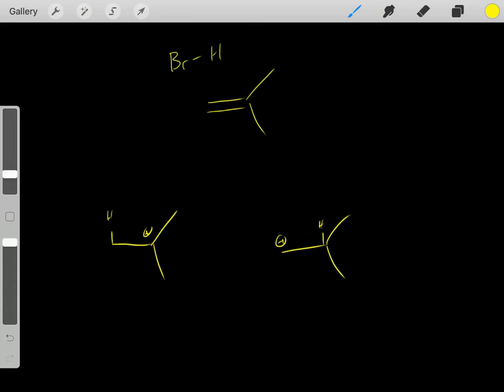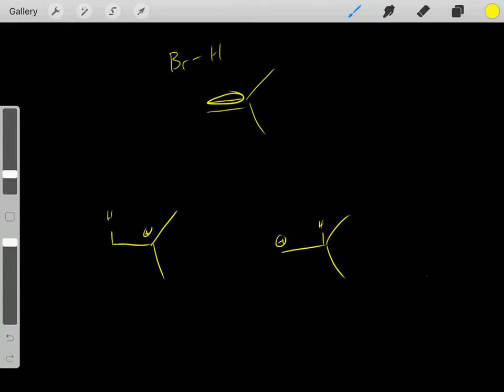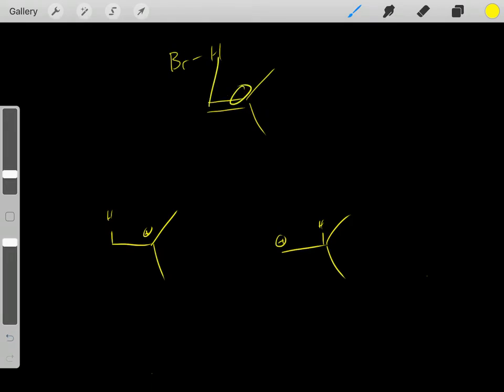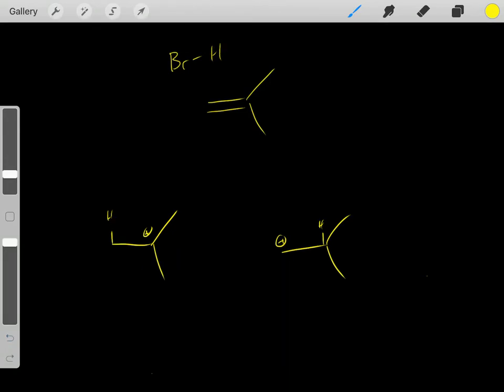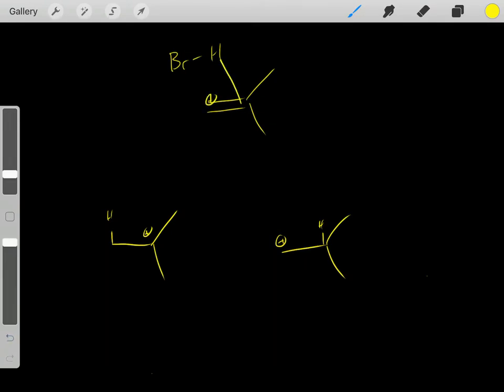And again, if these electrons attacked where this bond attacked, forming the bond like that, and therefore creating a positive charge here, and forming that bond with the hydrogen, we would form this carbocation. However, if this bond instead bonded like this, creating the positive charge here, we create this carbocation.